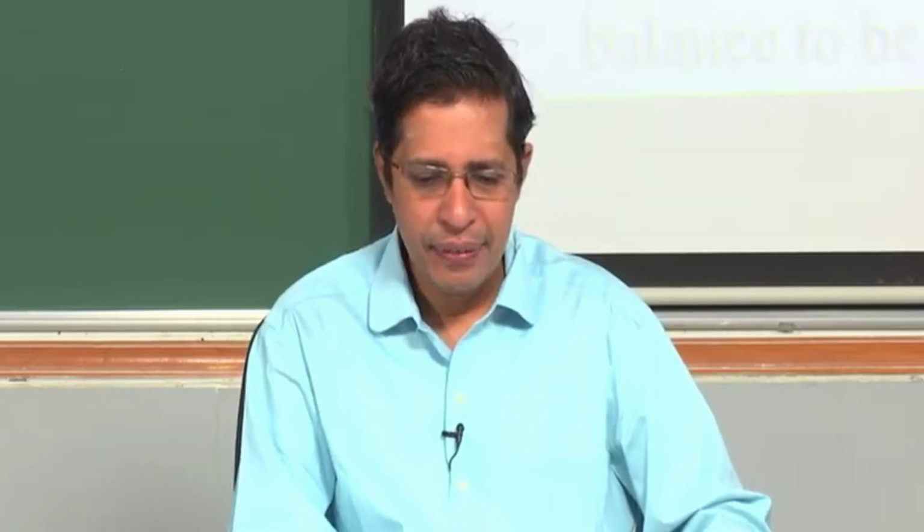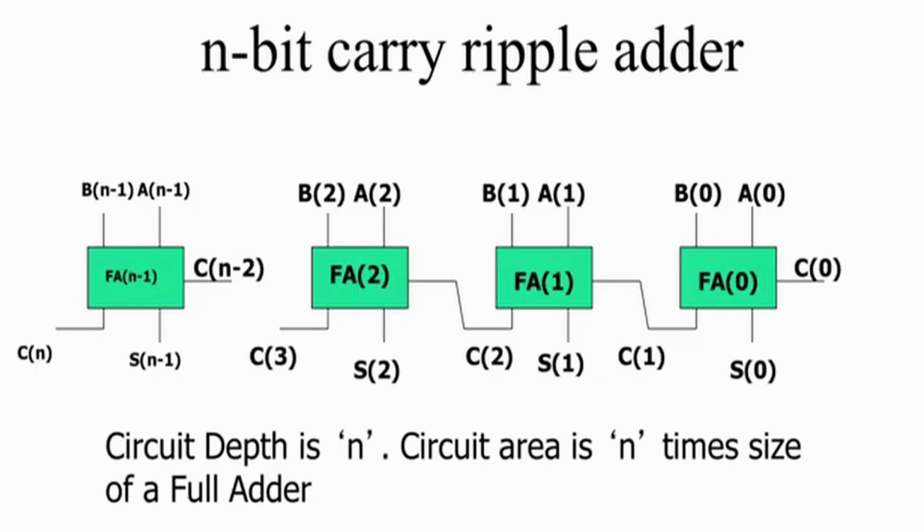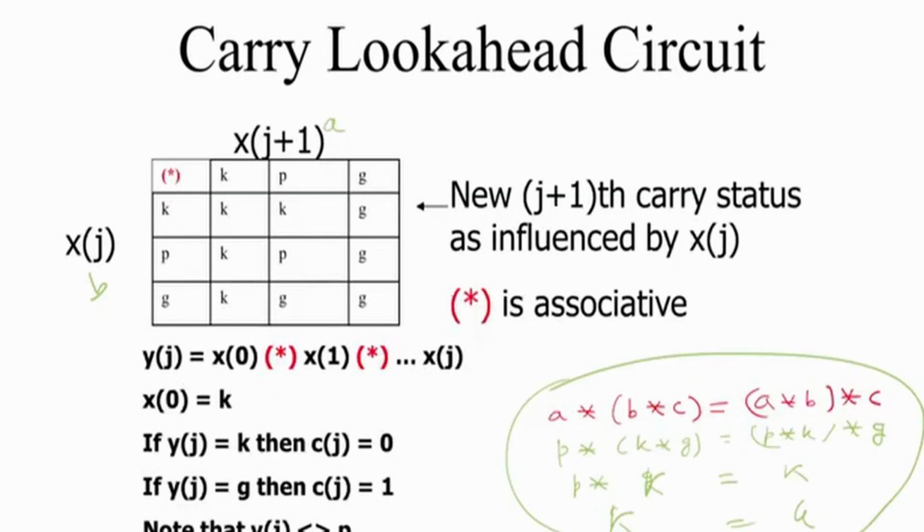So, in our previous slide, a prefix computation of n elements can be done in log n steps, provided the operator is associative. Please note that this star operator is associative, and hence we can basically do this entire thing in log n time, right.